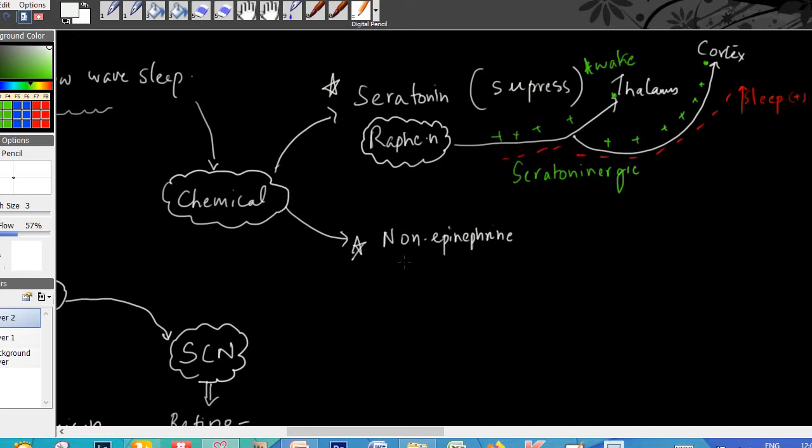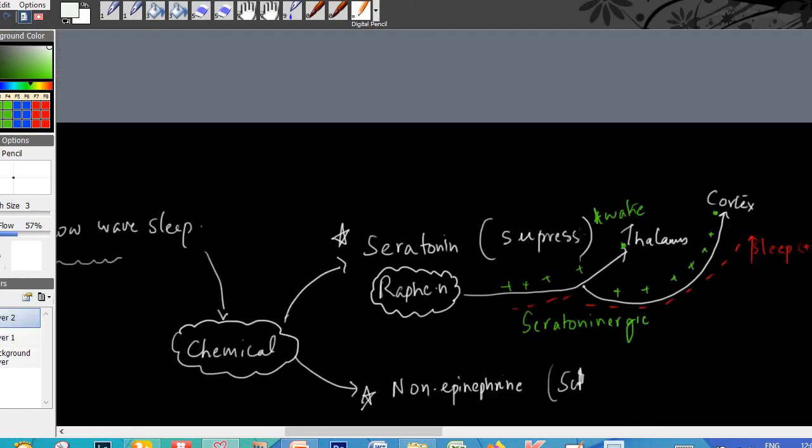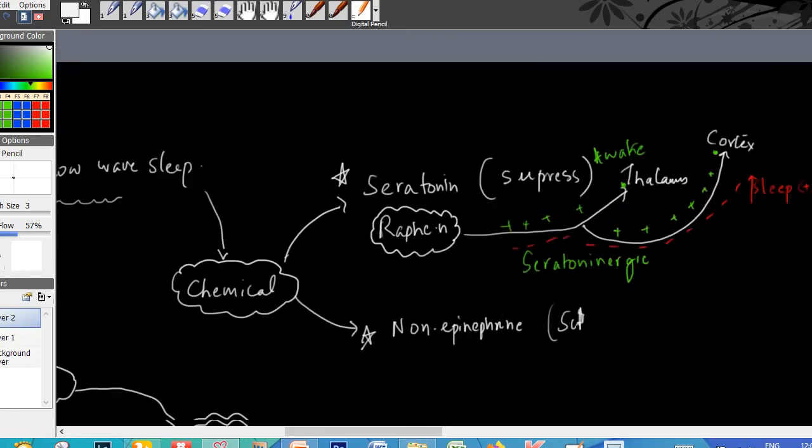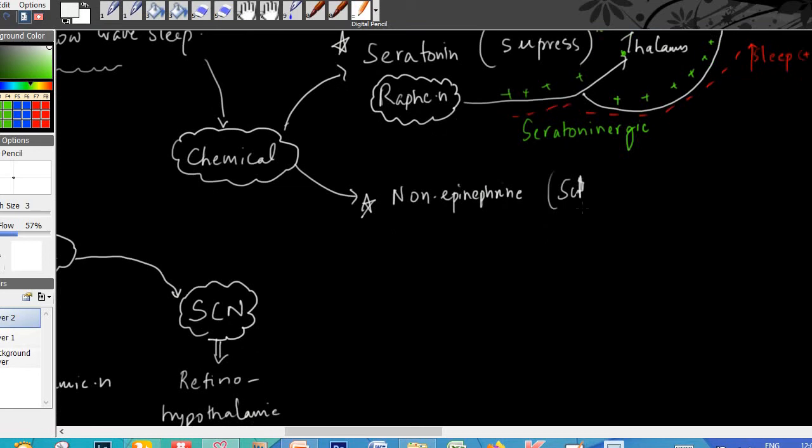This also has the same mechanism of suppressing sleep, but not in the same pathway. Here, the norepinephrine is secreted by cells in the locus ceruleus.